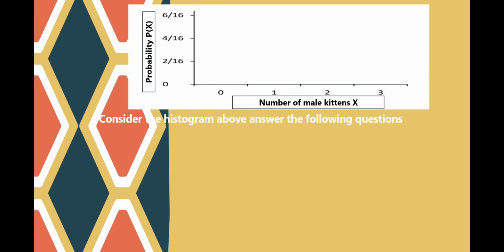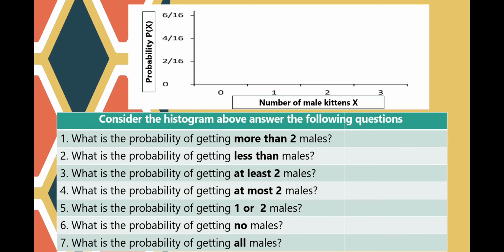Then consider now the following questions. What is the probability of getting more than 2 males? Less than 2 males? At least 2 males? At most 2 males? 1 or 2 males? Then no males and all males.